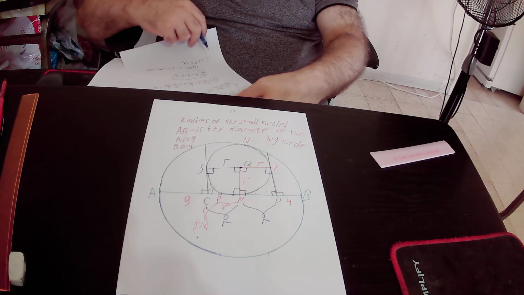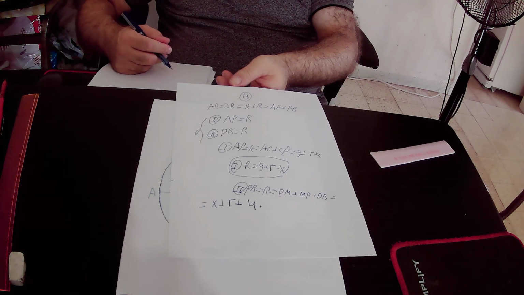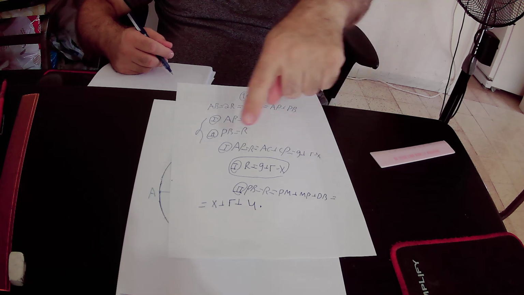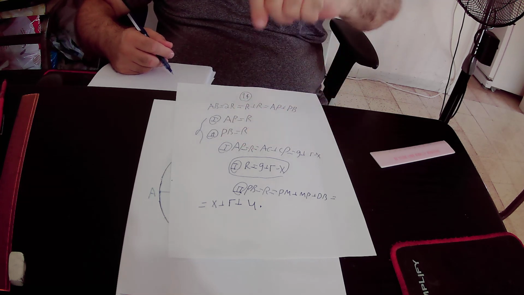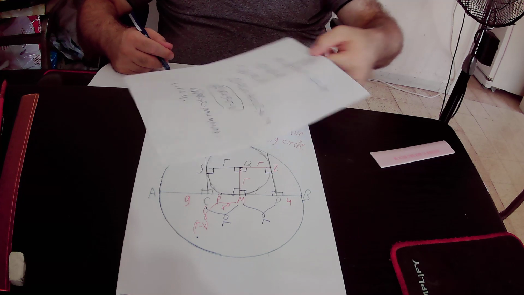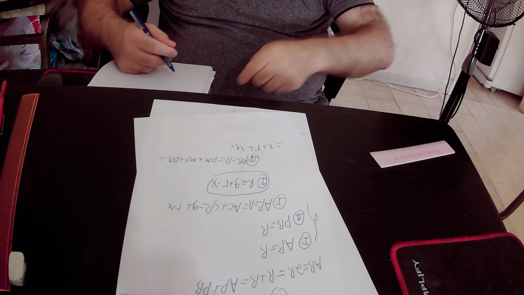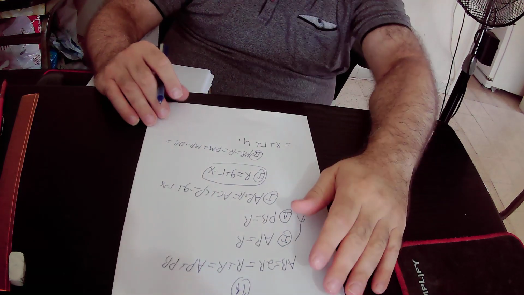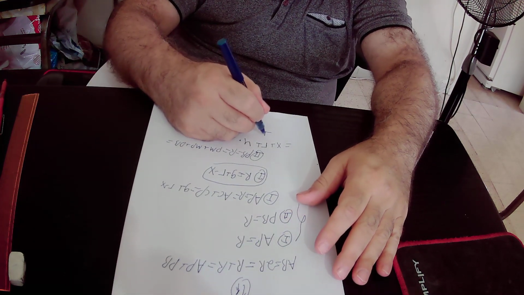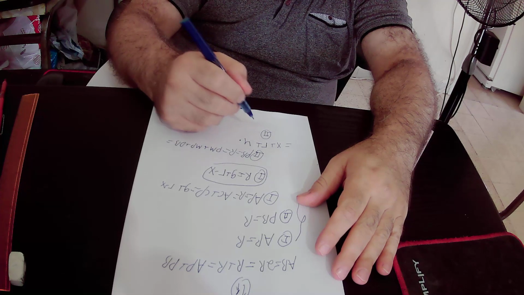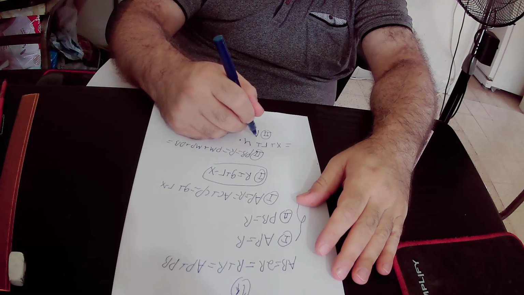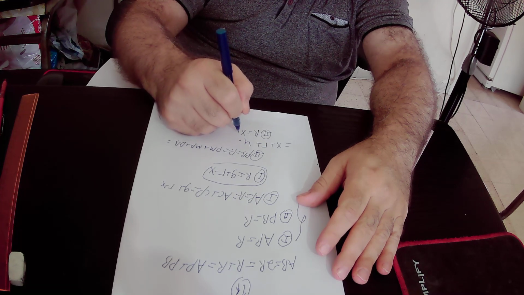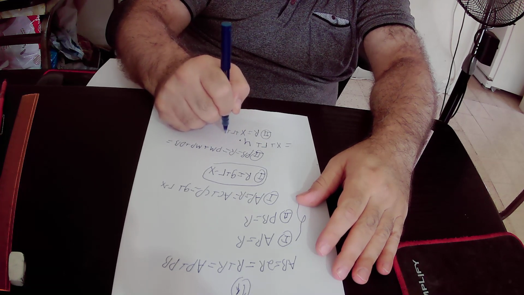So we got that PB, which equals capital R, equals x plus small r plus 4. So I'll write again equation number 2. According to equation number 2, capital R equals x plus small r plus 4.